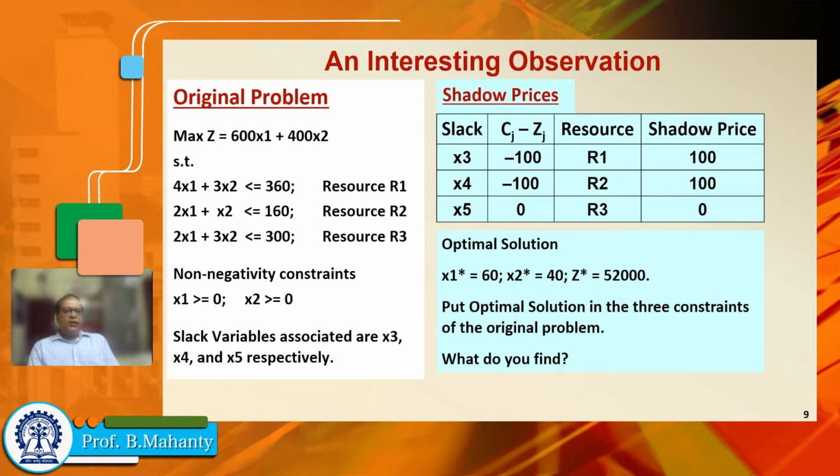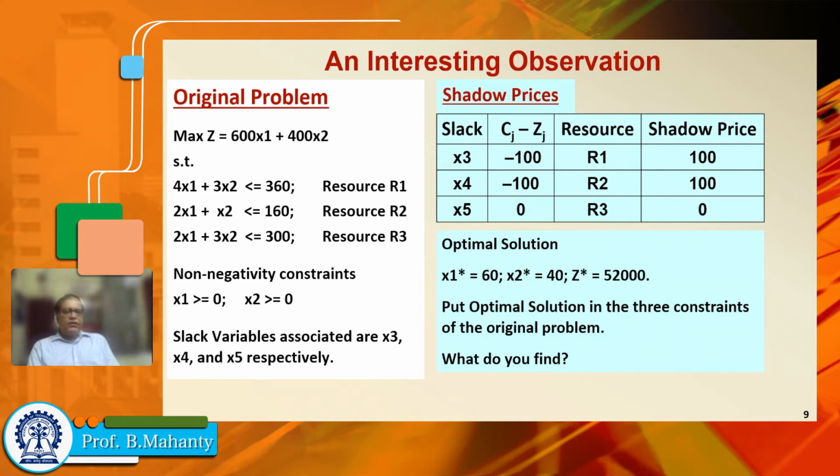So, supposing you put x1 equal to 60 and x2 equal to 40 in the first constraint, what do you find? 4 into 60, how much? 240. 3 into 40, how much? 120. So what is the total? 240 plus 120, 360. So what has happened?